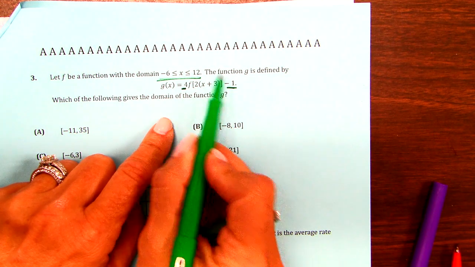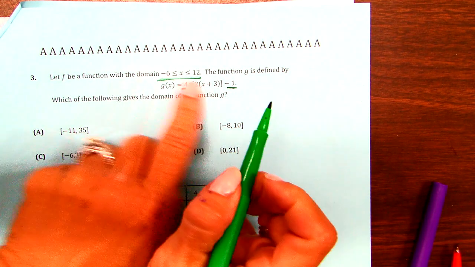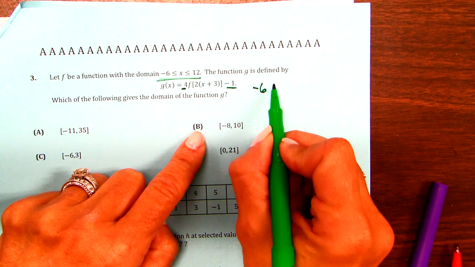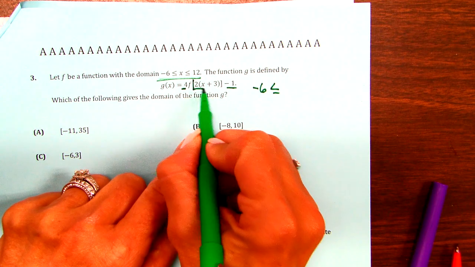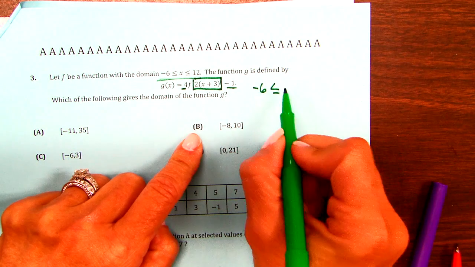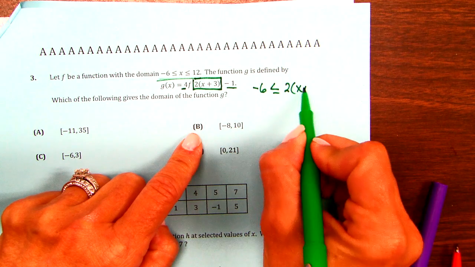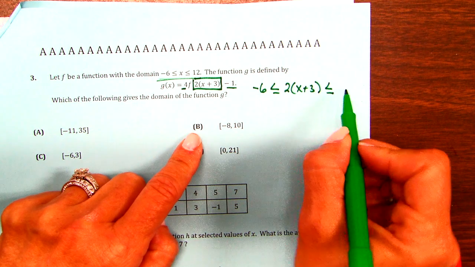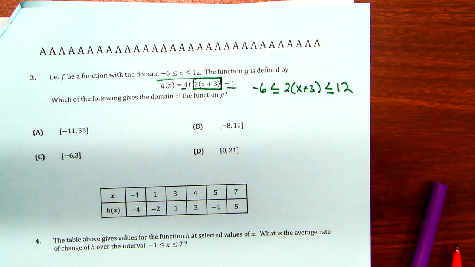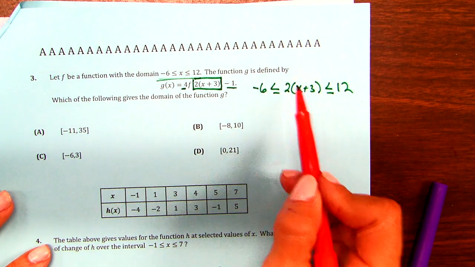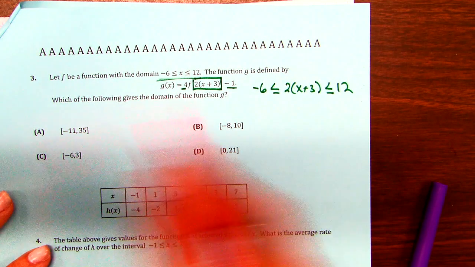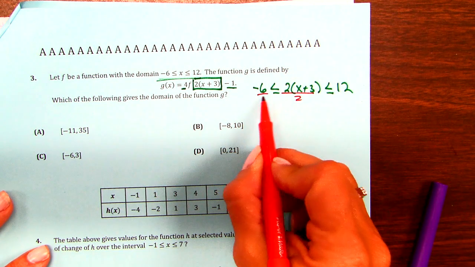It's the stuff in the parentheses that will affect the domain. So all we have to do is drop this domain stuff in the middle of the other guy's domain and then solve for x. And that'll give us our new domain. So this is the stuff that will change the -6 to 12. So I'm going to divide everybody by 2.